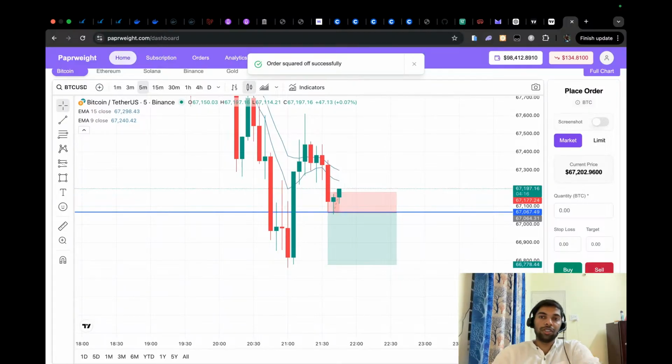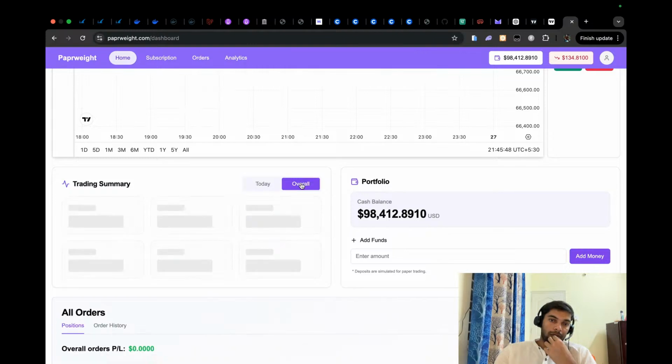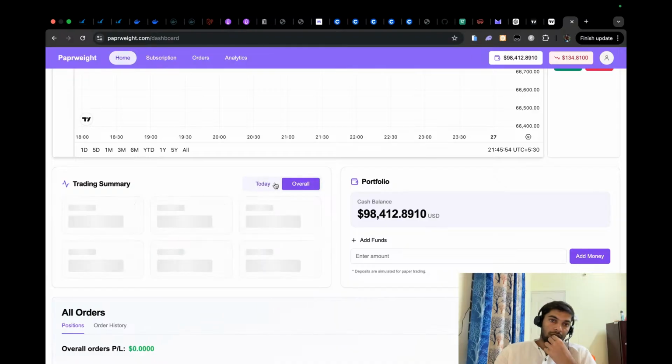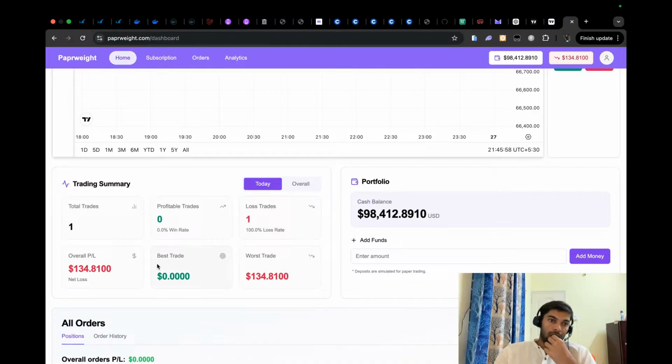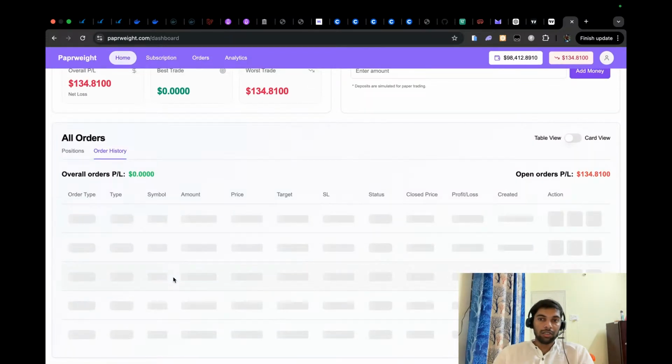I squared off my position at $134, I think so. What is that? One second, guys. Yeah, $134 is my stop loss in the current trade.